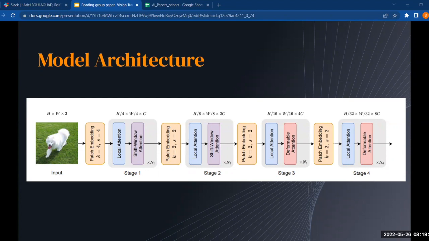In the classification task, after stage 4, we can just normalize the feature maps and then adopt a linear classifier with pooled features to predict which class we are going to classify it as. We can also use this in image detection as well as segmentation tasks.